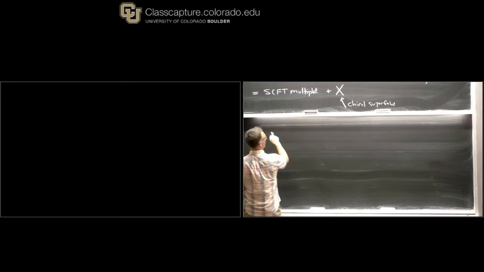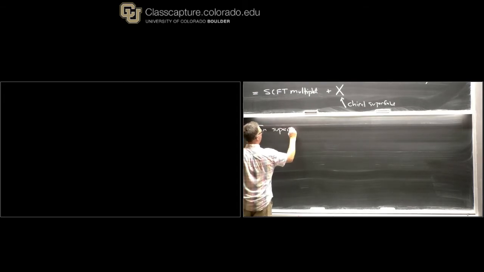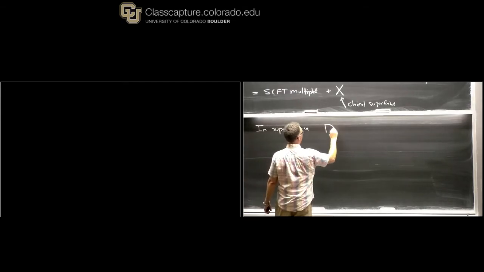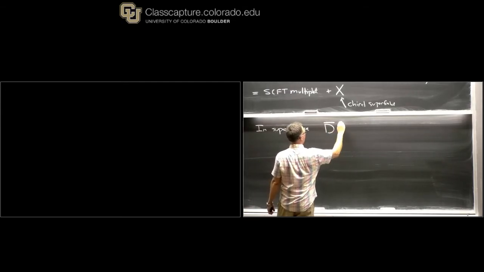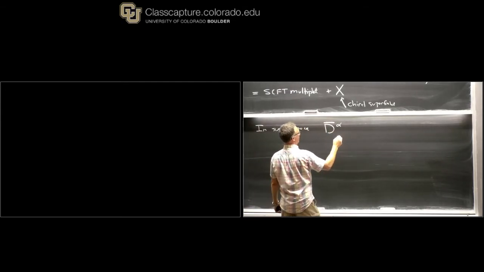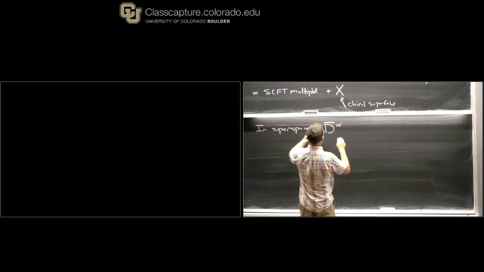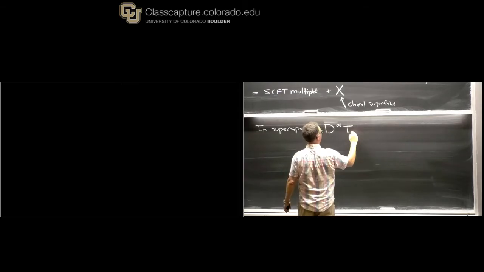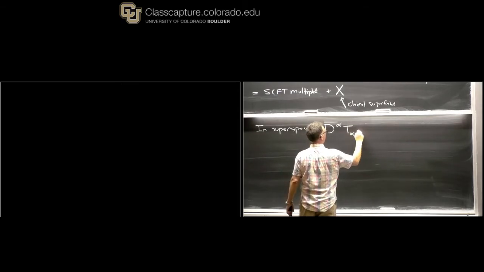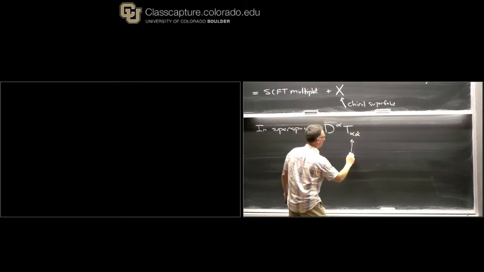So the condition, I'll write it in superspace. So I'll say d bar, let's write it like this, d alpha. So this is the stress tensor multiplet.